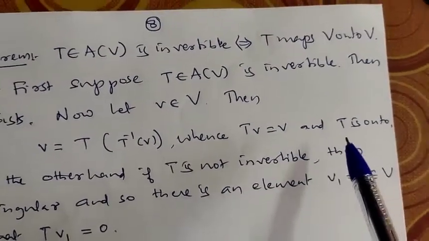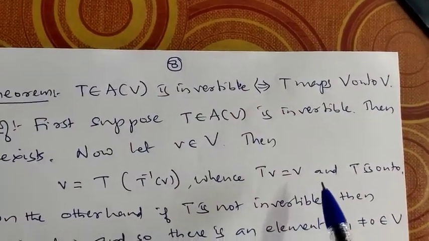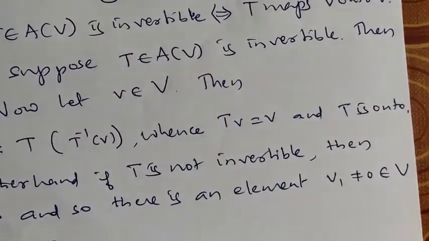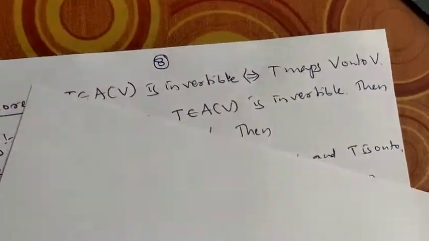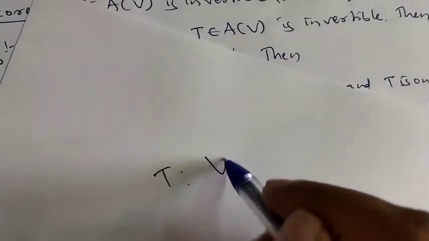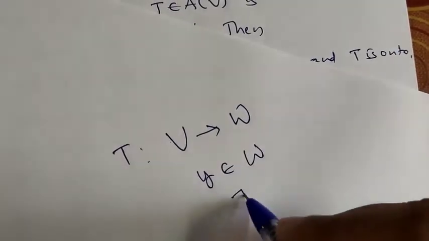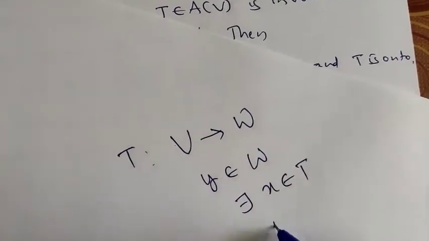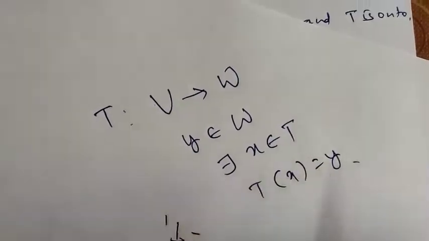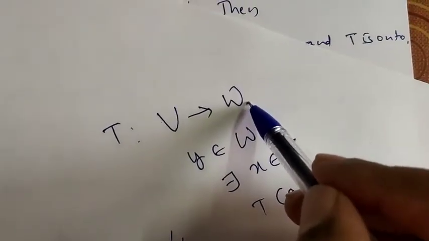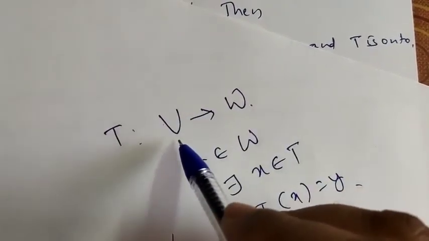Therefore, T is onto. How do we show ontoness of any linear transformation? If T from V to W is onto, then for every y belonging to W, there exists some x belonging to V such that T of x is equal to y. That only we have proved. We have taken v to be an element here. Then T inverse v belongs to V here.